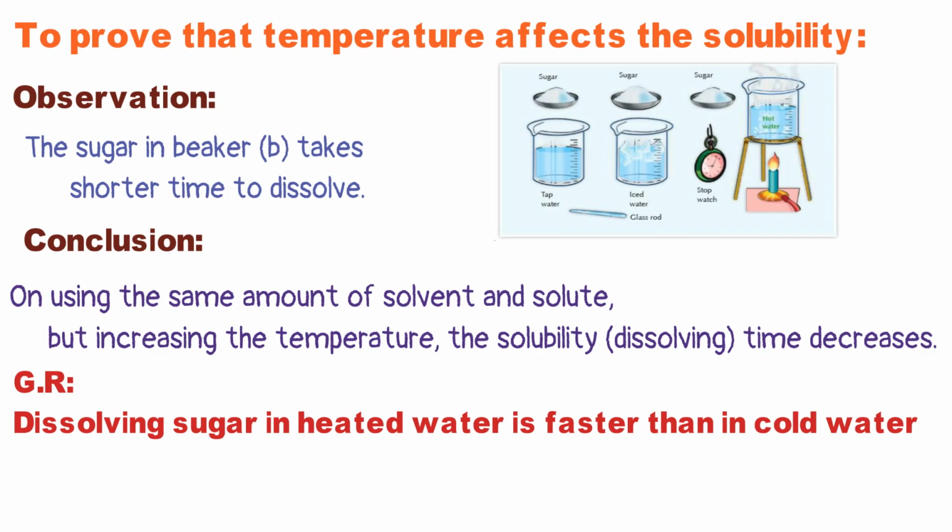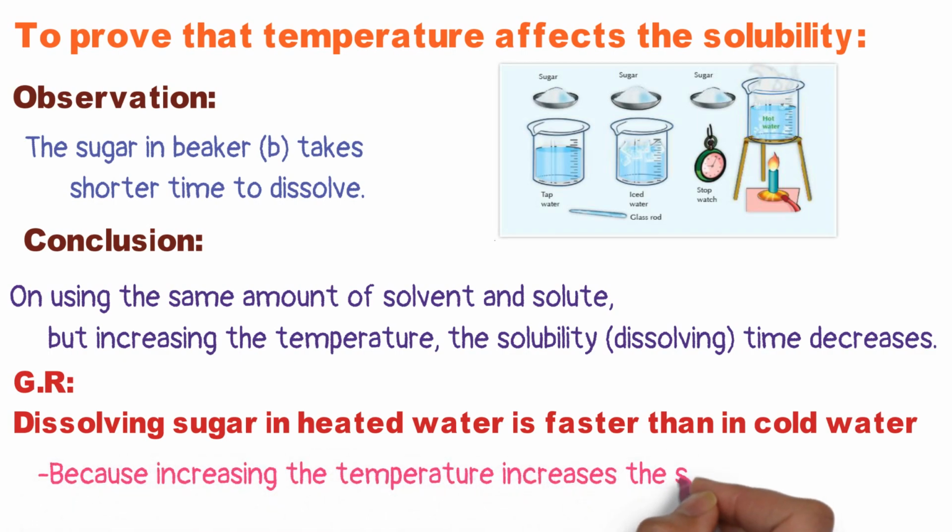Because by increasing the temperature, the solubility process increases, or by decreasing the temperature, the solubility process decreases. Means that the solubility time increases. Again, increasing the temperature, solubility process increases, solubility time decreases. Decreasing the temperature, solubility process decreases, solubility time increases.